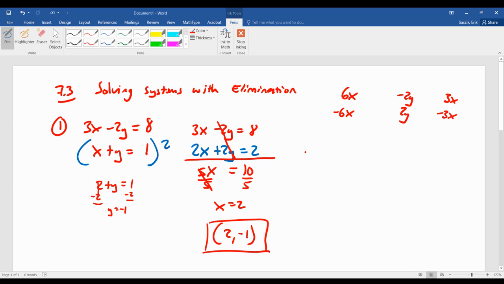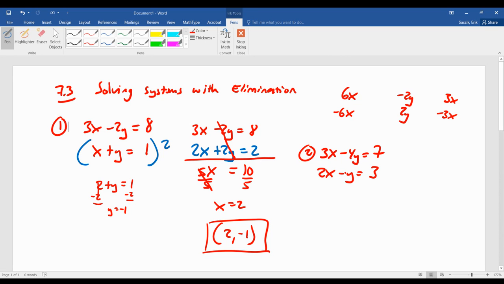You guys want to try one? So here: 3x minus 4y equals 7, and 2x minus y equals 3. I'm not going to mess with the x's here. I'm going to mess with the y's again. Notice how this is negative 4y, and this is negative y.